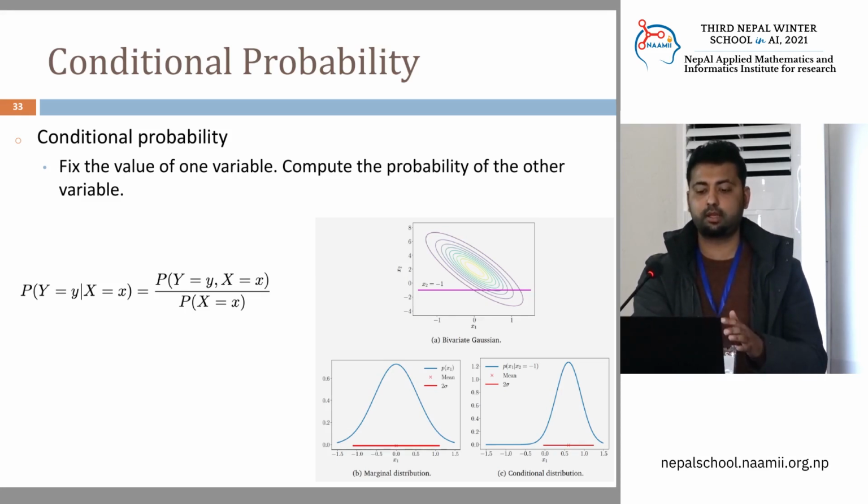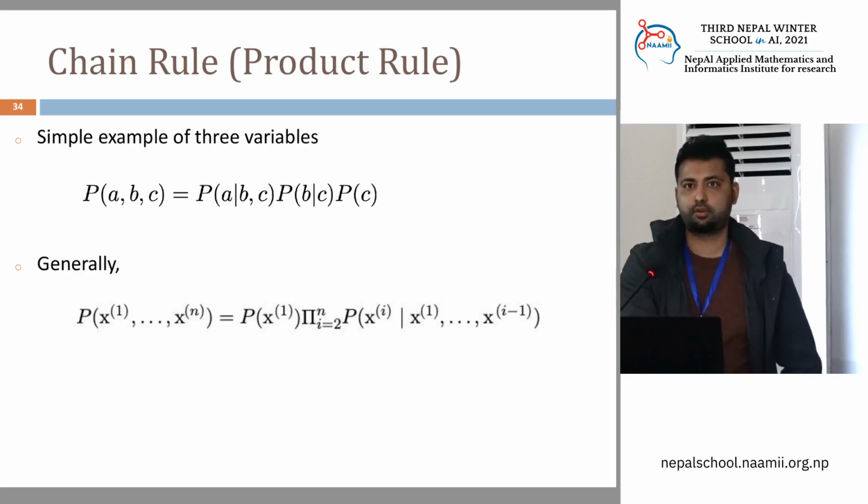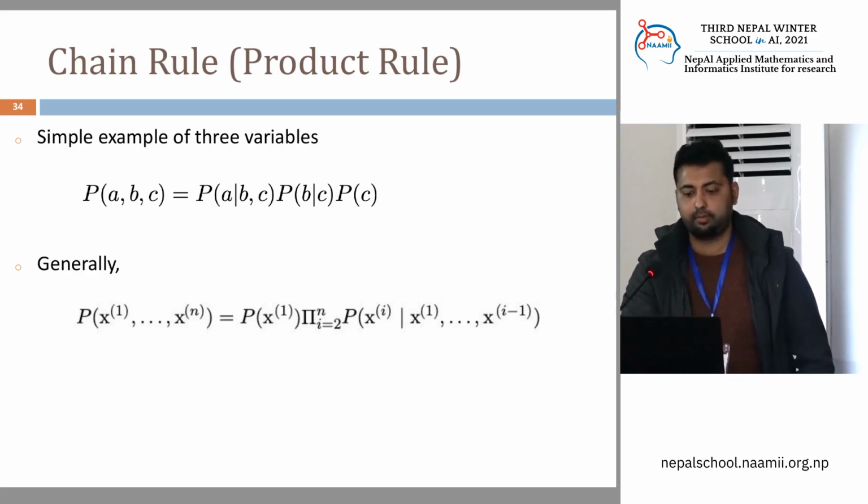But when you marginalize across all the values of x2, you get something symmetric around the middle, so the marginal distribution is a Gaussian whose mean is around the center. So if you contrast conditional and marginal distributions, one is about slicing, the other is about integrating.